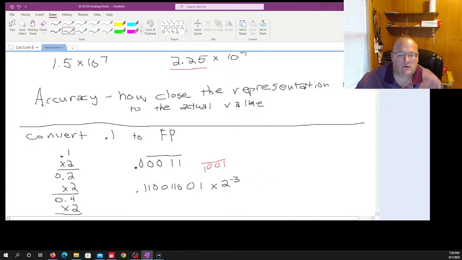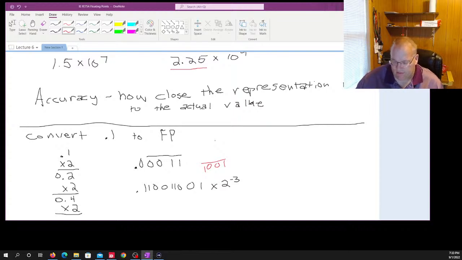Well, but it's still not 100% perfect. It's not 100% accurate. So floating point for some fractions, but some decimals is accurate. But for others, it is not.